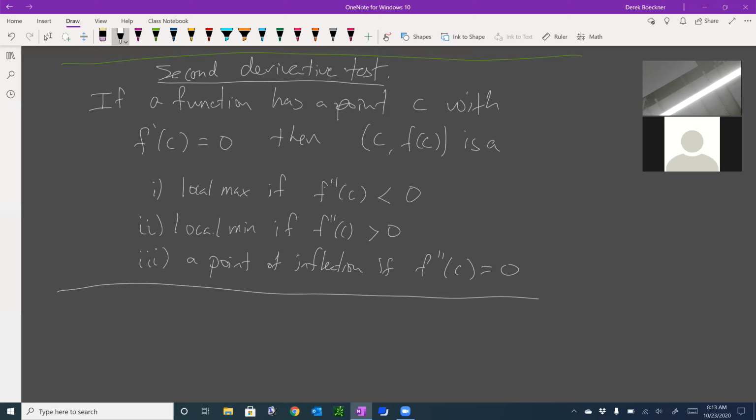I misspoke on this one. Never mind. It's not necessarily a point of inflection if f double prime is 0, right? We did that example yesterday. It's inconclusive. It doesn't tell you much.